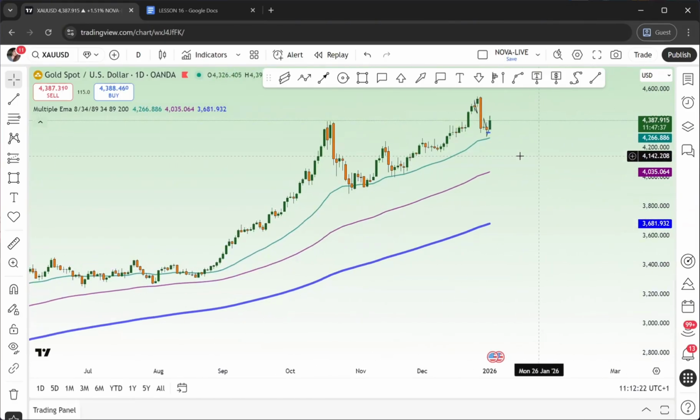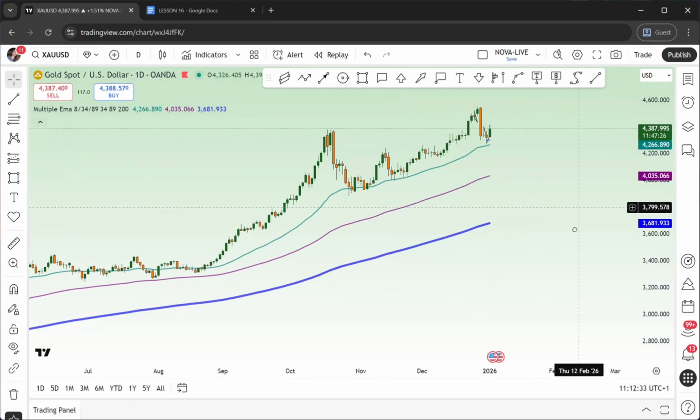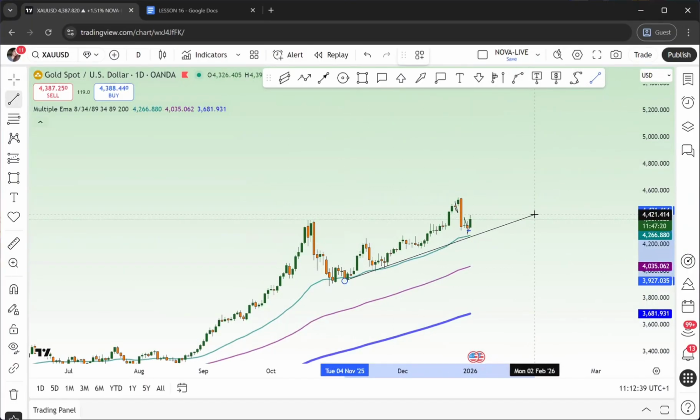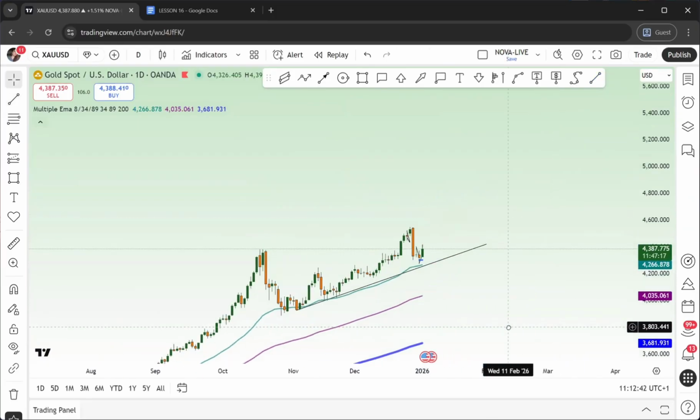So for gold, the candlestick is lying on the 3 EMA ribbons. But this shows you the market is still heading in a very strong uptrend. So this is the own trend of the market right now.